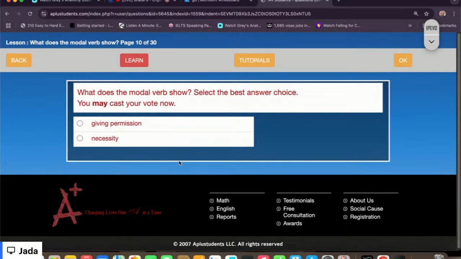Giving permission or necessity? All right, so giving permission.